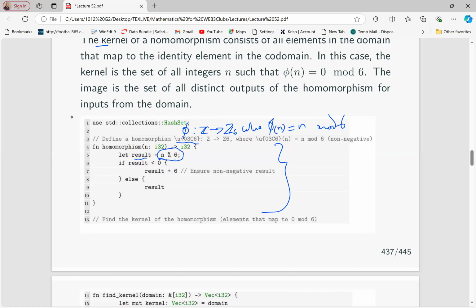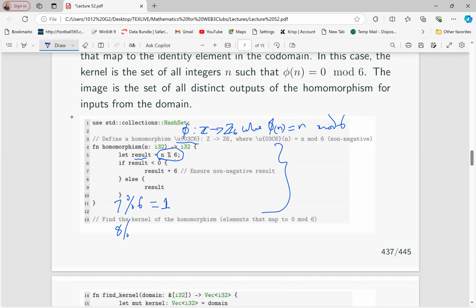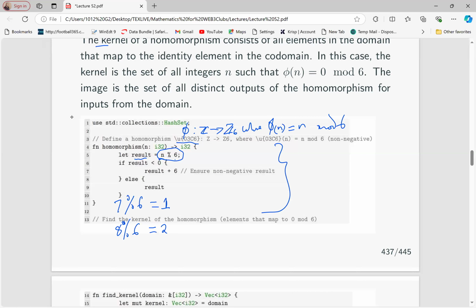For instance, if we have 7, then the result would be 7 divided by 6, which gives a remainder of 1. If our n is 8, then we mean 2, because we are asking, what is the remainder of 8 on division by 6? So that is what this is saying.